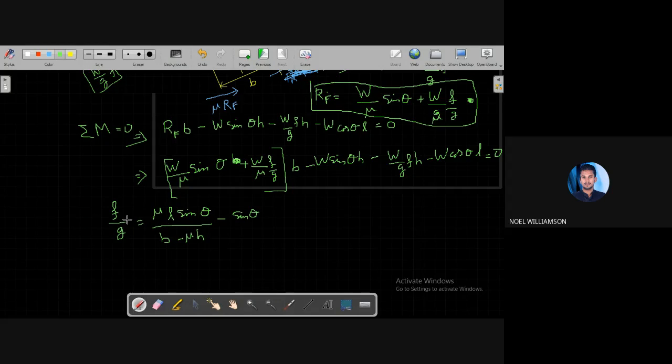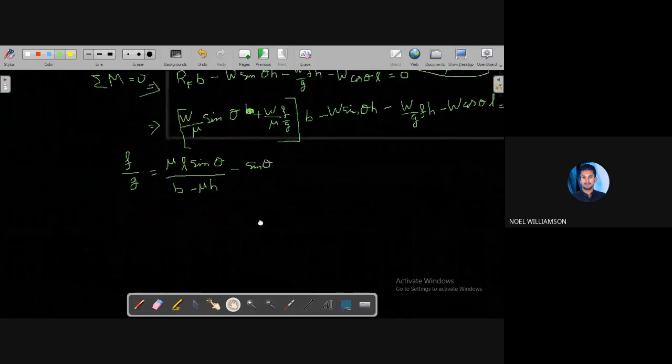Now we are substituting this value in this particular relation here, and we will get the value for RF.